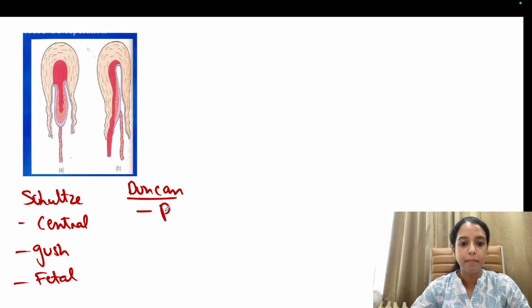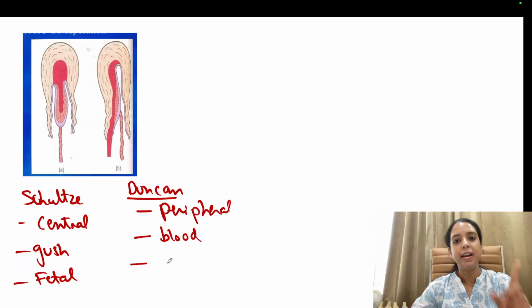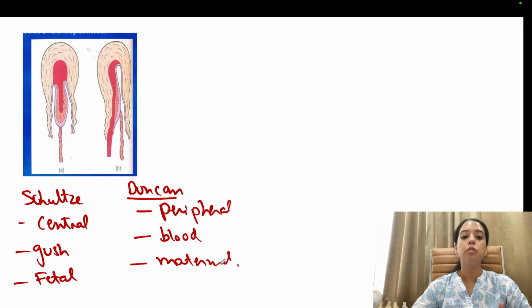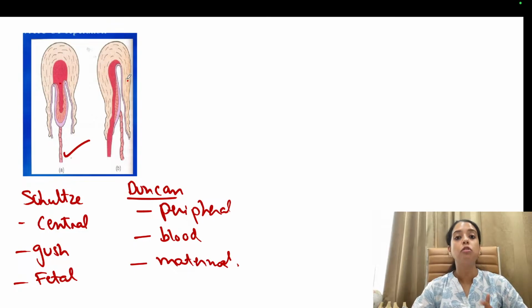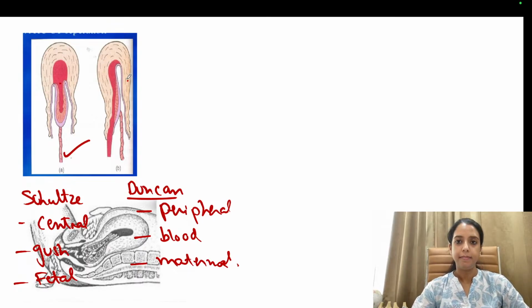In Duncan's, blood is continuously coming out, and the first part that comes out is the maternal part. The more common mechanism through which the placenta separates naturally is Schultz. This is Schultz, this is Duncan's. Schultz is more common. Okay?